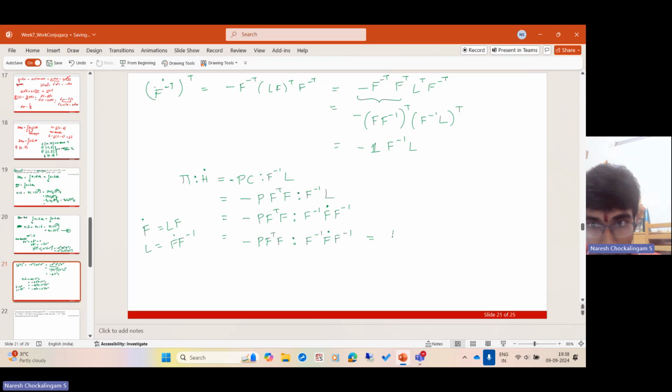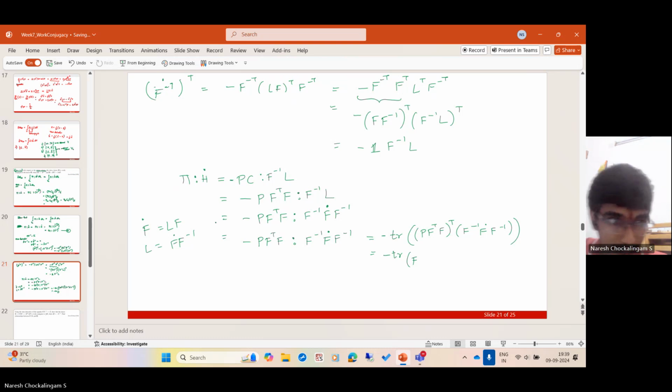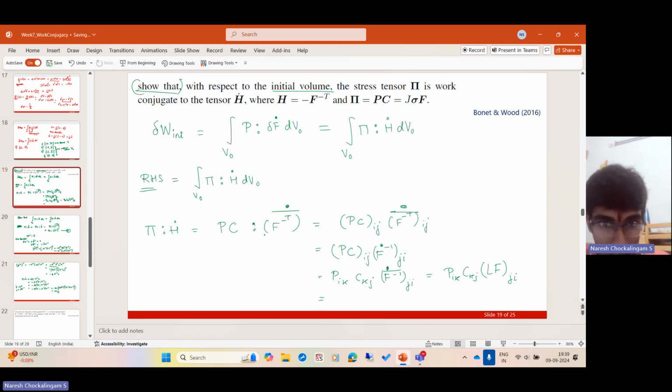So this is basically minus the trace of P F transpose F whole transposed with F inverse F dot F inverse. So this is minus the trace of... let us see, is there any mistake somewhere? So this is fine.